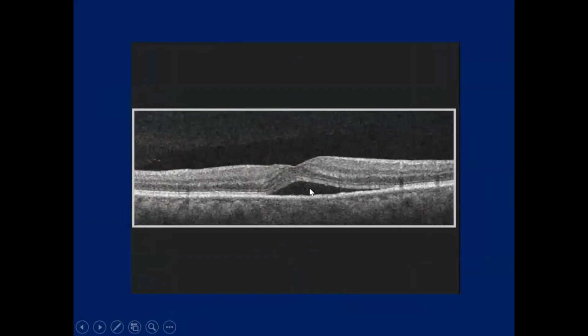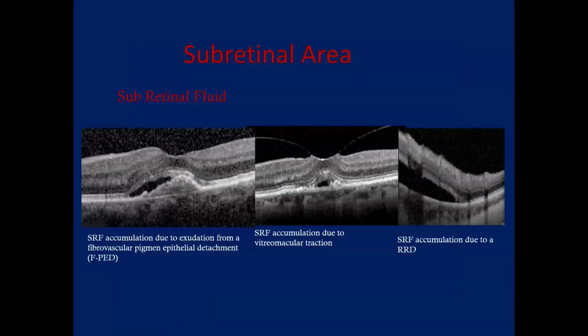So in this case, clearly you see that this is a subretinal space having fluid. This is the one which you see with the star. It is the subretinal space. If you find fluid like this, you have to look for differentials that can cause such fluid from your history and the physical examination and the like. In the subretinal space, fluid can develop, as I have discussed on the graph.